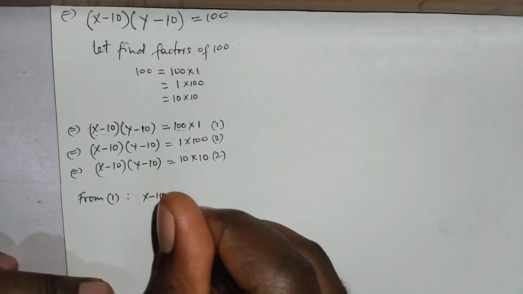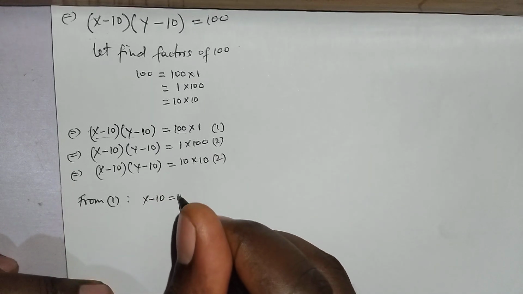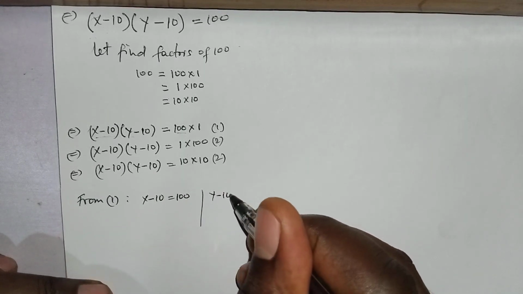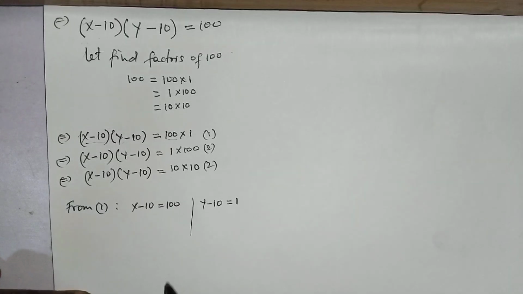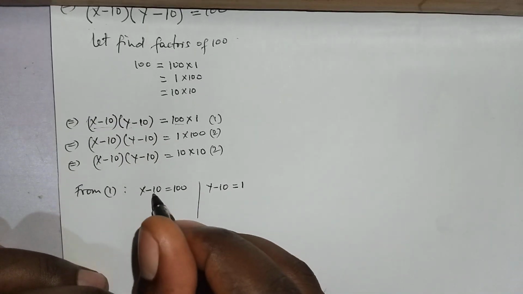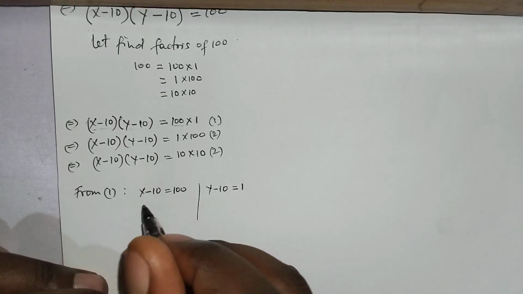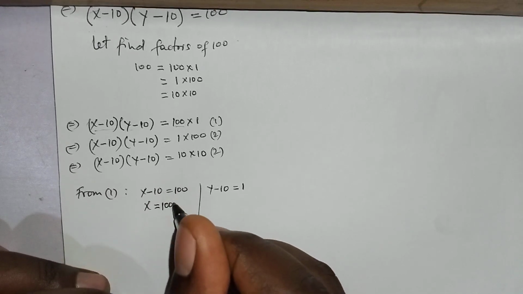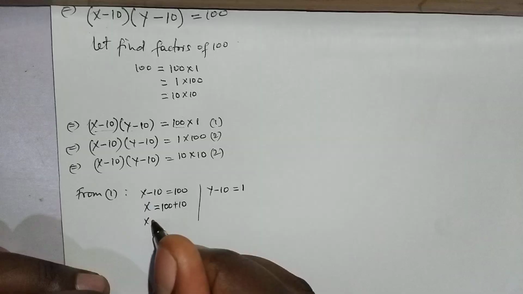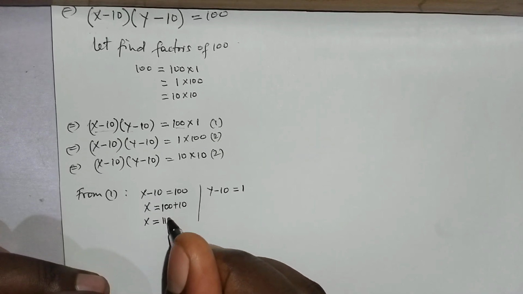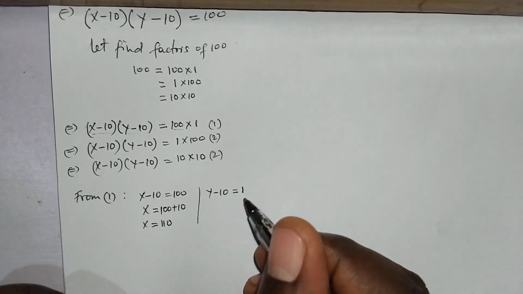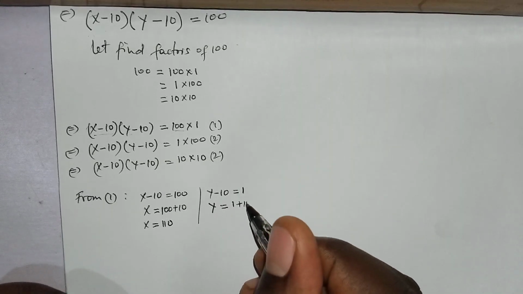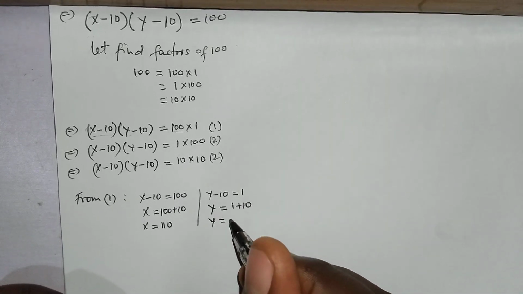x minus 10 is equal to 100 and y minus 10 is equal to 1. So here we put this 10 on the other side. We have x equal to 100 plus 10, x equal to 110, and here y is equal to 1 plus 10, y equal to 11.